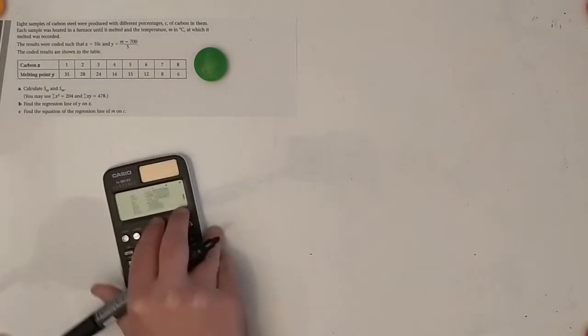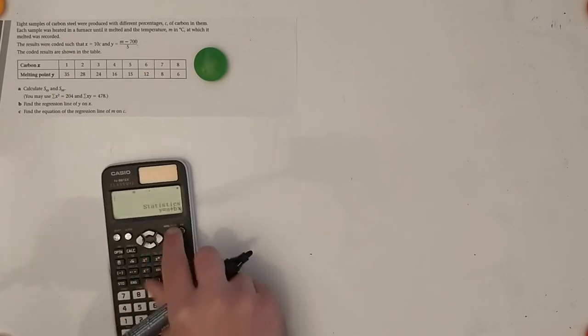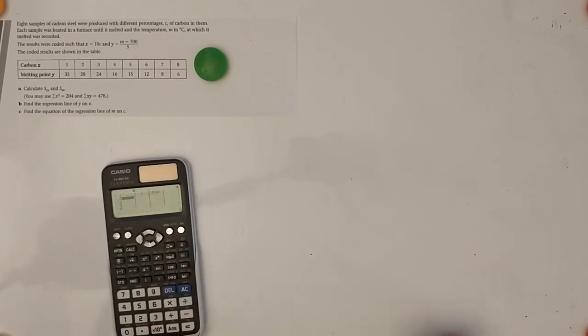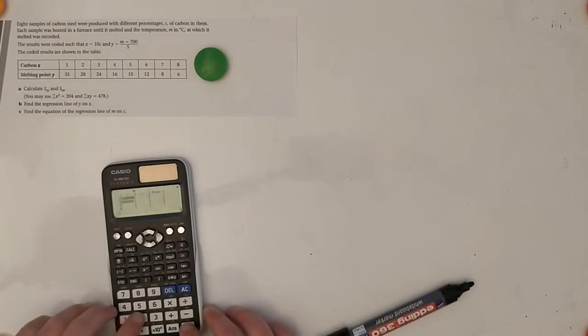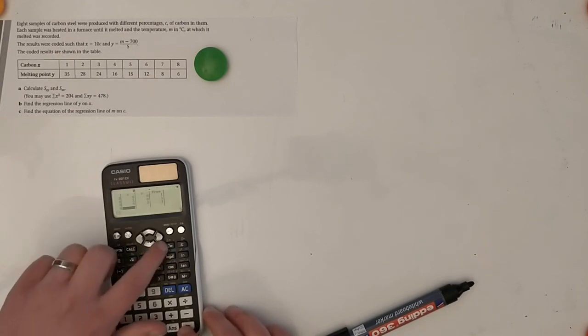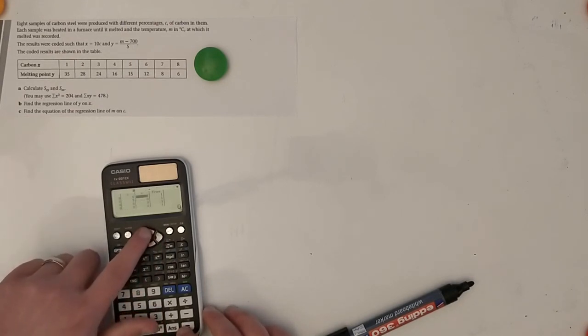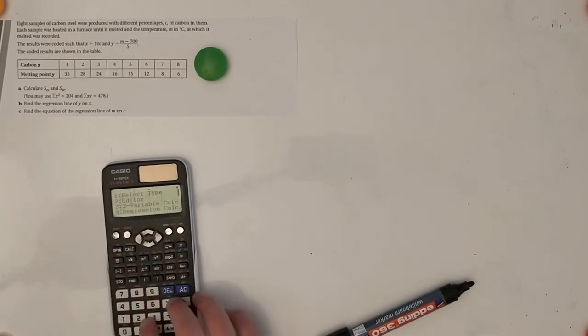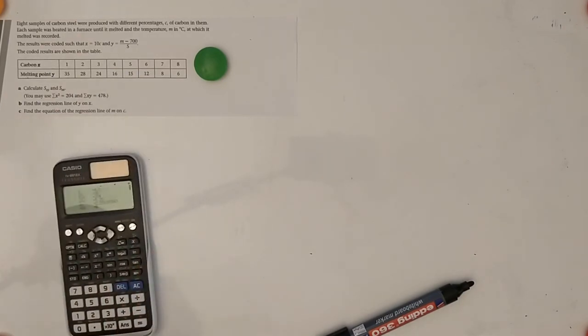So we need some summary stats again. So menu 6, 2, X values 1, 2, 3, 4, 5, 6, 7, and 8. And our Y values are 35, 28, 24, 16, 15, 12, 8, and 6. Option and 2.